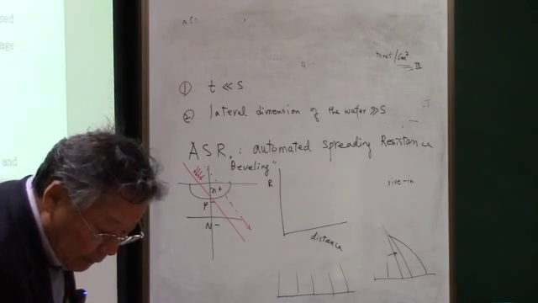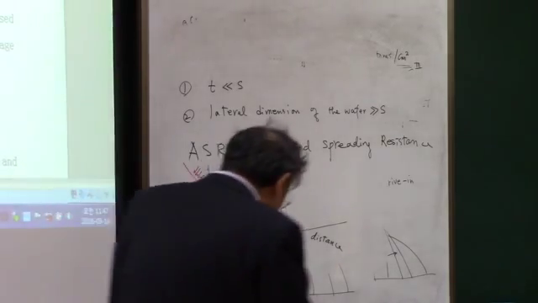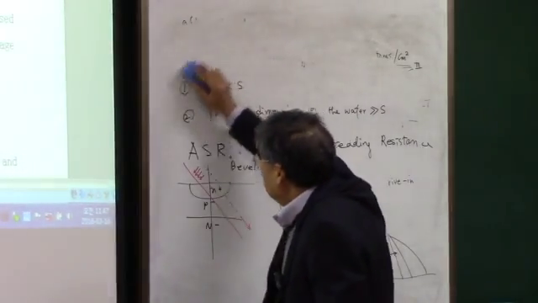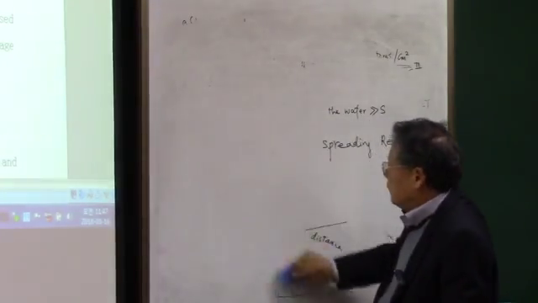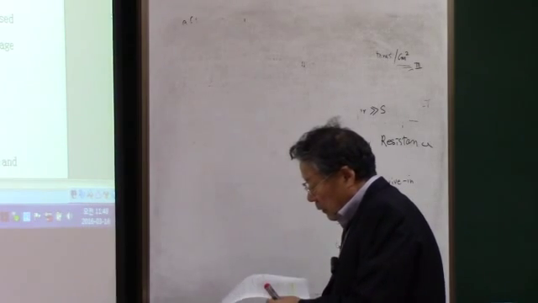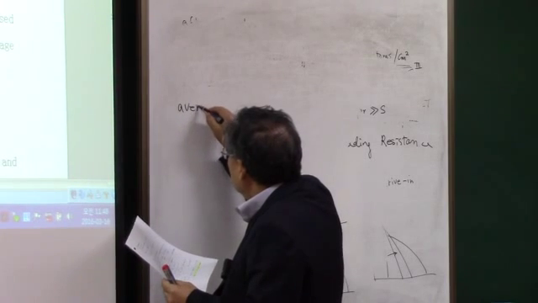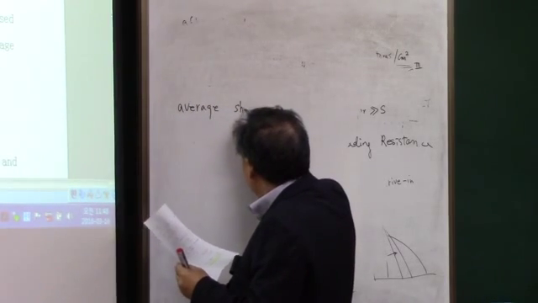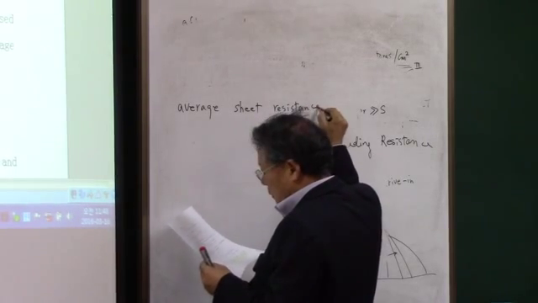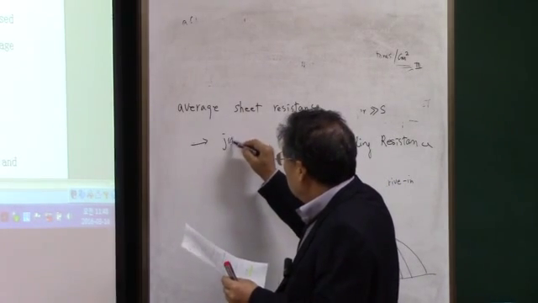Okay. Here are the important equations that you have to notice. The average sheet resistance is related to the junction depth.